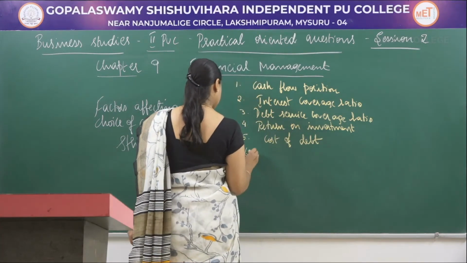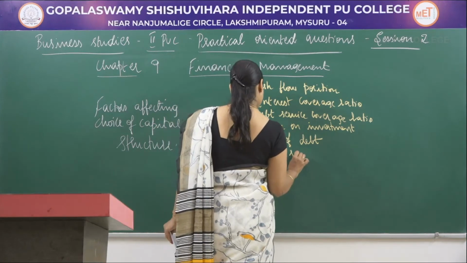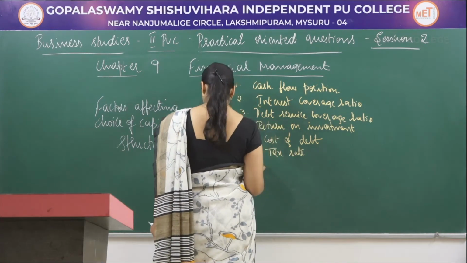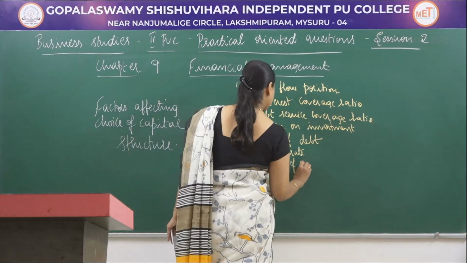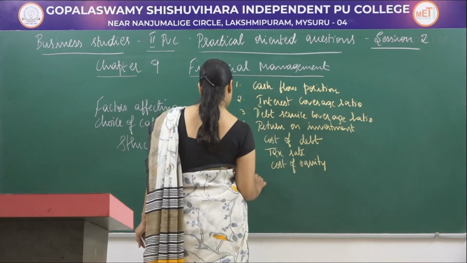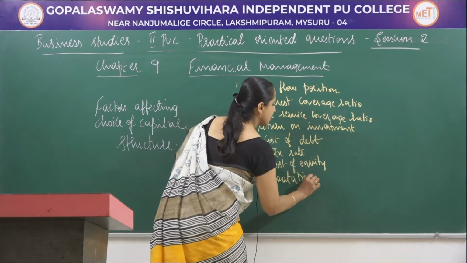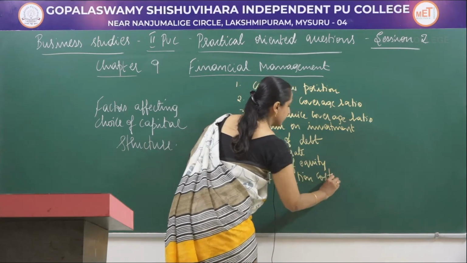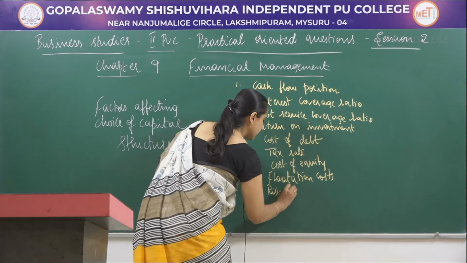debt. Sixth one is tax rate. Seventh one is cost of equity. Eighth one is flotation costs. Ninth one is risk consideration.